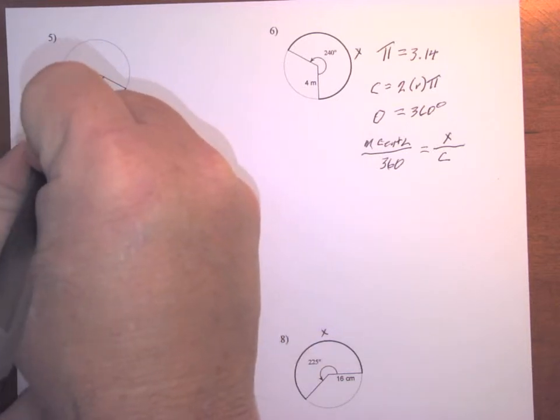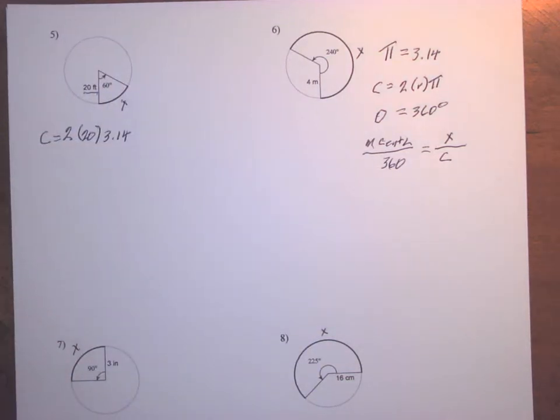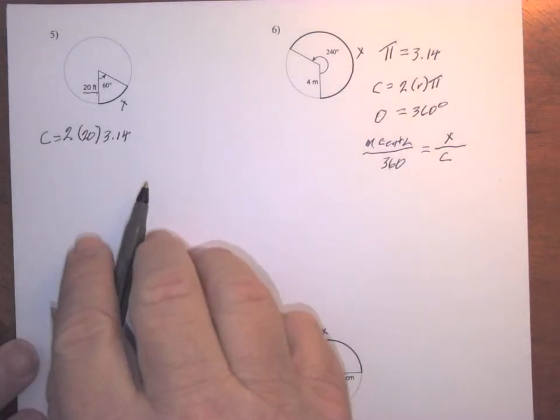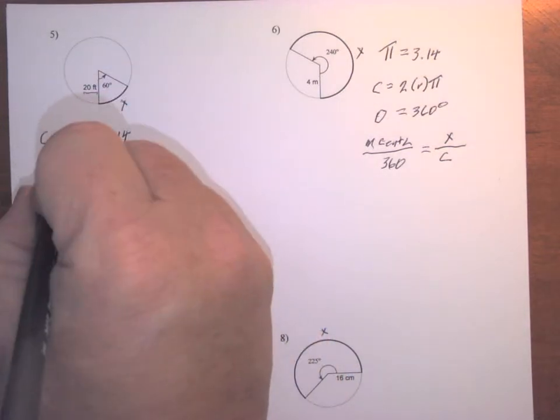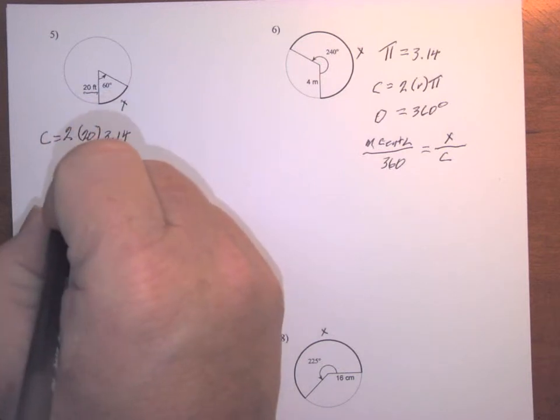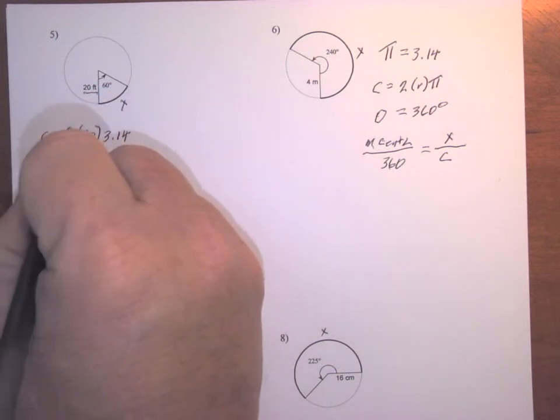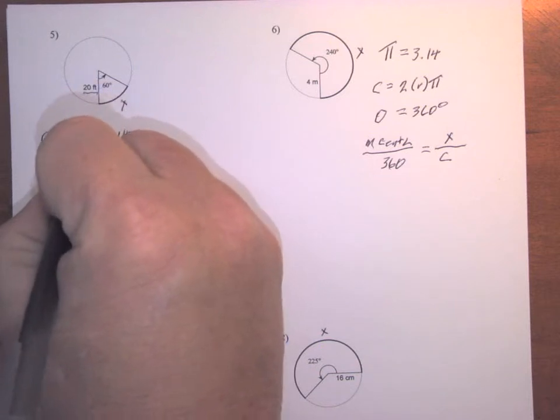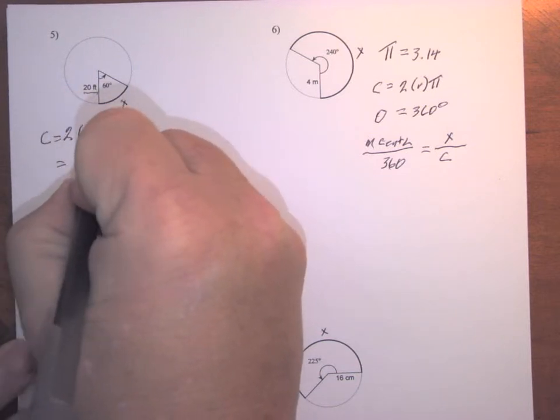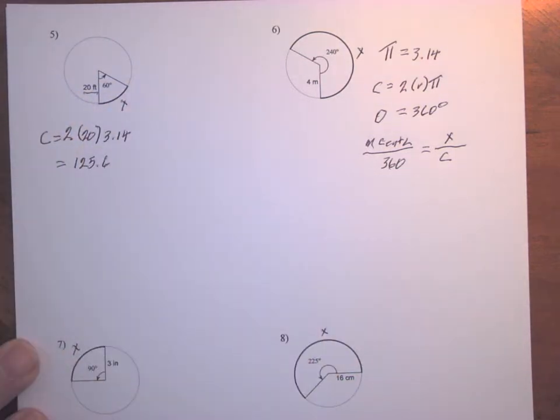And that's the circumference, okay? So if we do that calculation, 2 times 20 times 3.14, we get 40 times 3.14, and that's going to be equal to 125.6. Okay? All right, now what do we do?